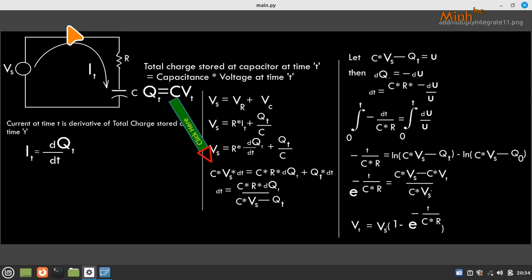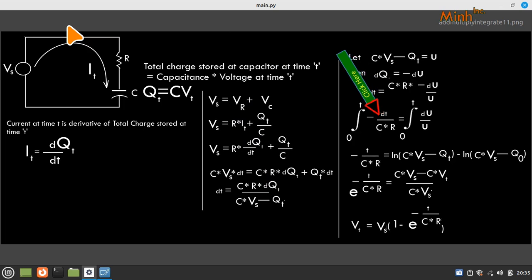We have two variables, dt and dq. dq is changing; at every moment the charge storage is changing. t is changing, and the charge stored is changing. That leads to this kind of equation.